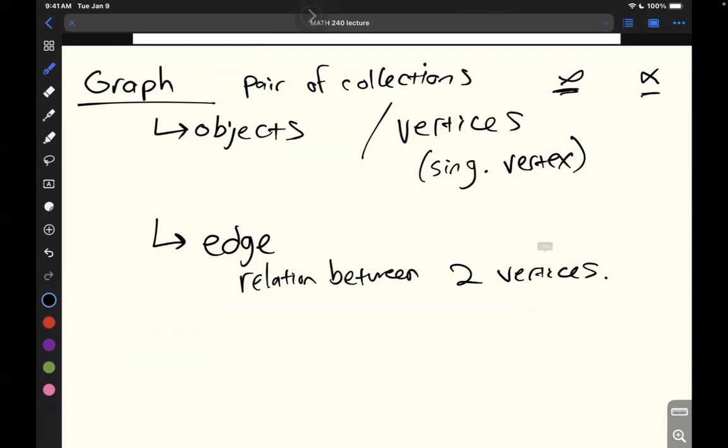We call the vertex set capital V. We call the edge set capital E. And so we write a graph as G, capital G, is equal to the ordered pair in parentheses, V comma E. And so this is standard. We know that the first thing in that pair is the vertices. The second in that pair is the edges.